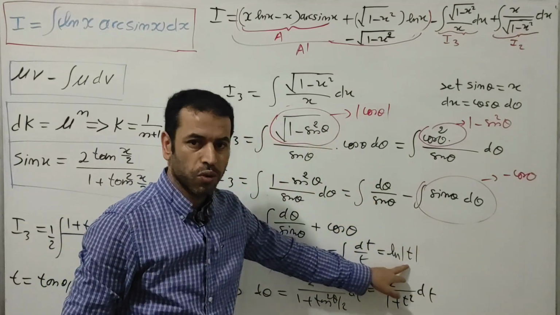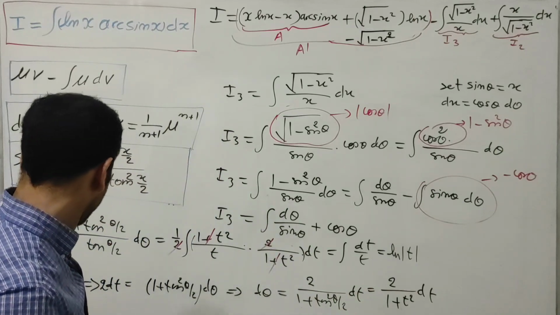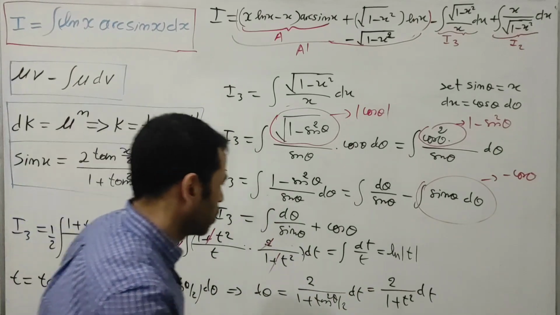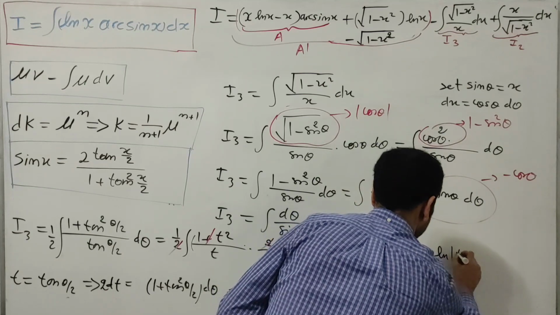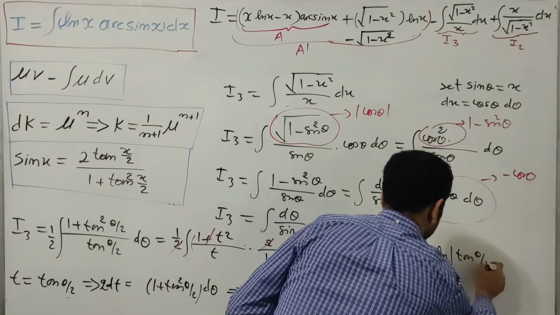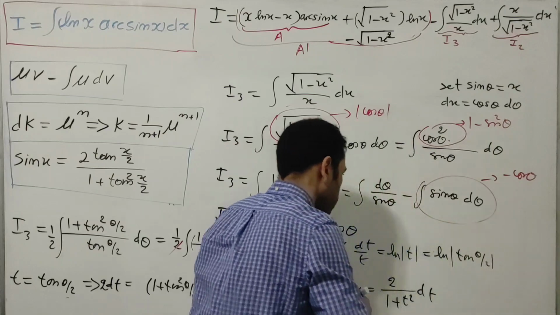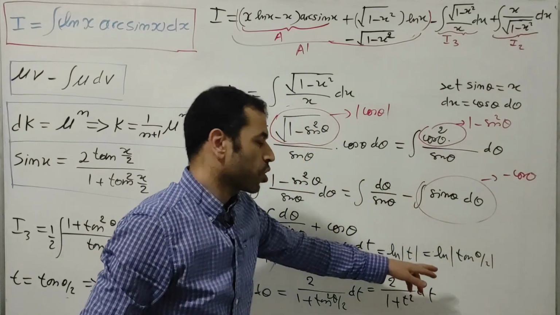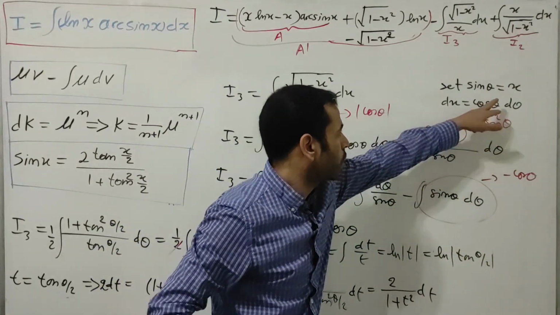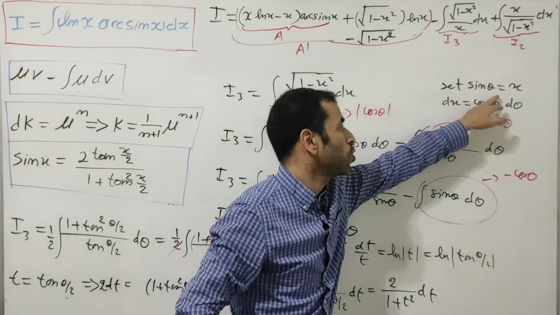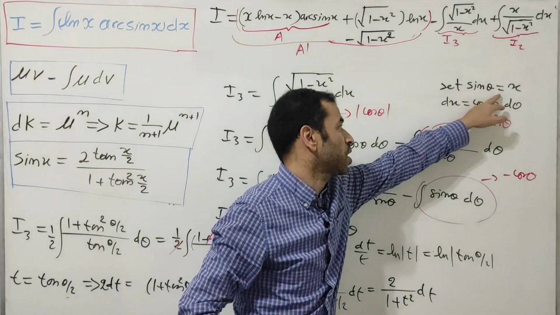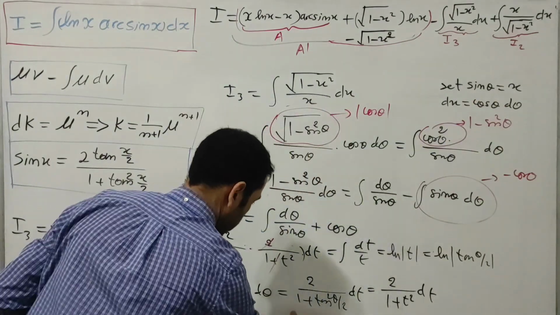So I'm going to bring this one to the original substitution, which was tangent theta over 2. So we'll have natural log of the absolute value of tangent theta over 2. Again, the original substitution was x. So now I'm going to replace theta with arc sine x. I'm going to clean up this one.